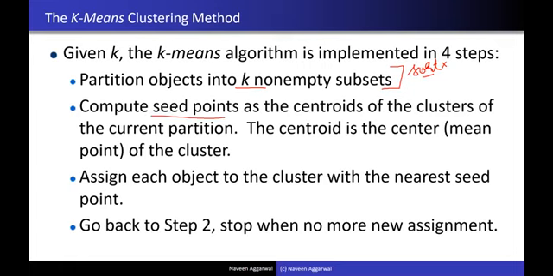Obviously, in the first iteration, the seed points may not be the actual seed points we would like, but for the first partition we take them as centroids. Then we compare each object with the centroids and assign it to a cluster. As we assign them, we keep computing the new seed points, and we keep repeating this step until no object is assigned to a new cluster.